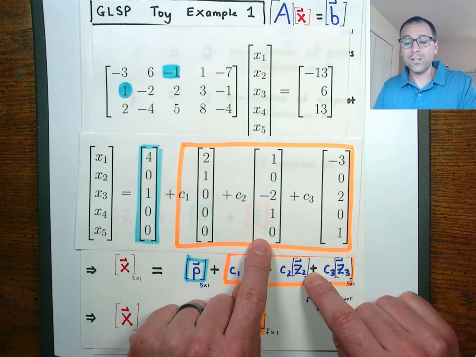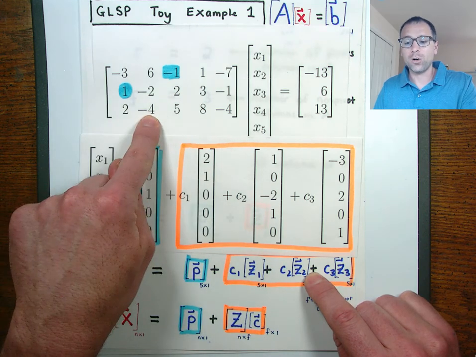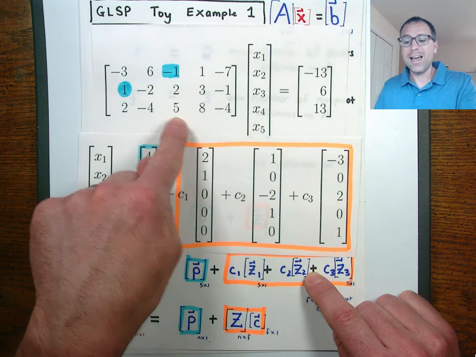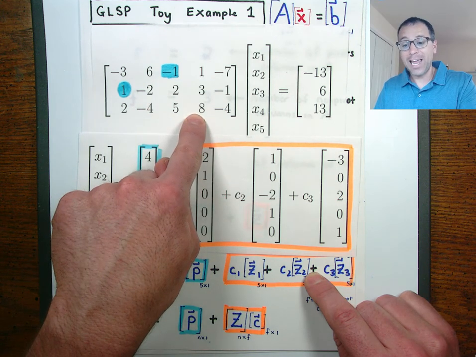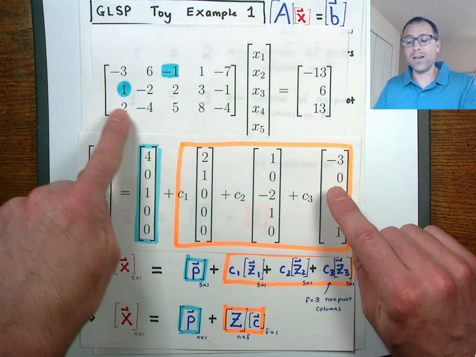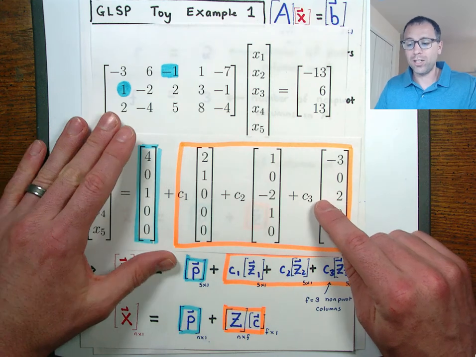Z2 in this situation tells me that 1 times column 1, 0 times column 2, -2 times column 3, is equal to -1 times column 4. Or in other words, if I take 1, -2, 1, that linear combination of the columns goes to 0.